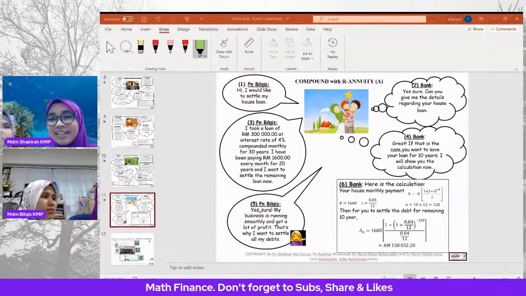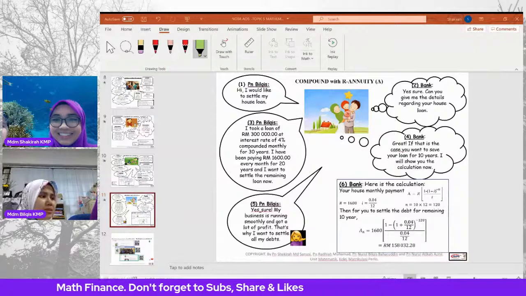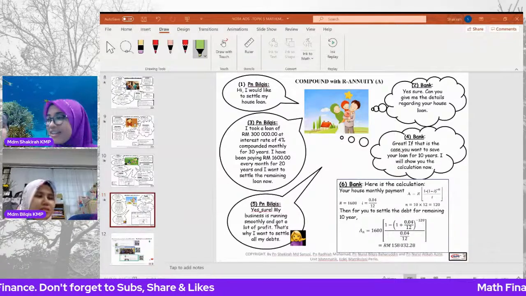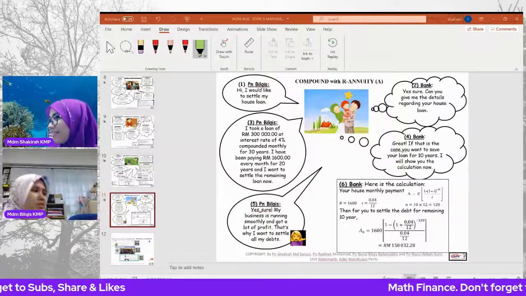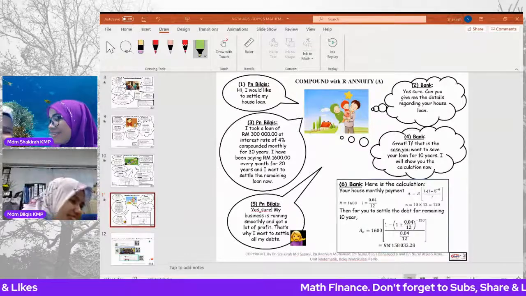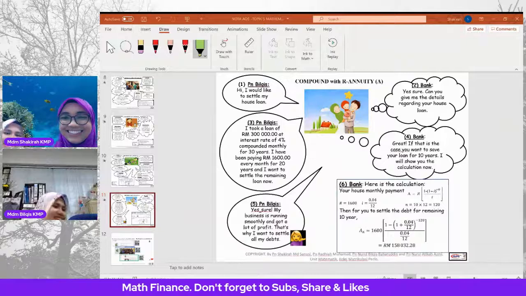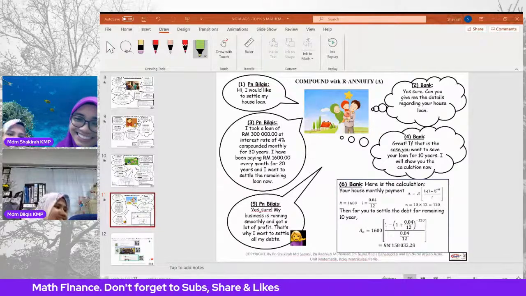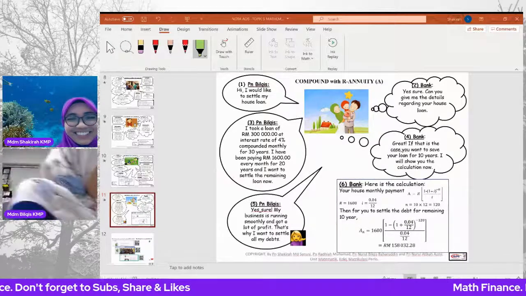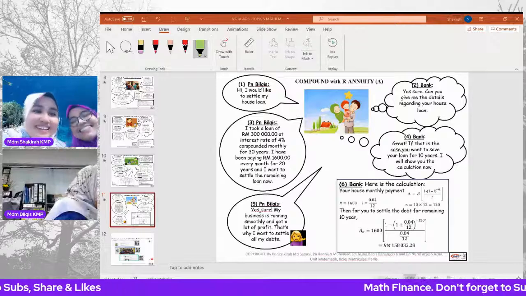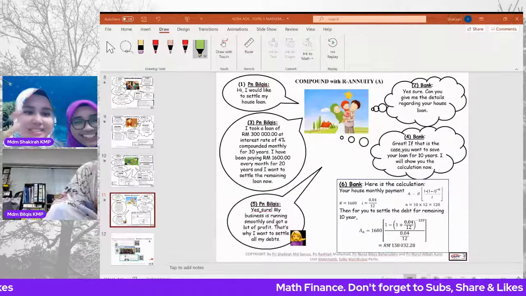Betul kita nak sambung apa ni? Oh, we start now. Tak dengar. Oh, tak dengar, kami dah explain sampai habis slide dah.